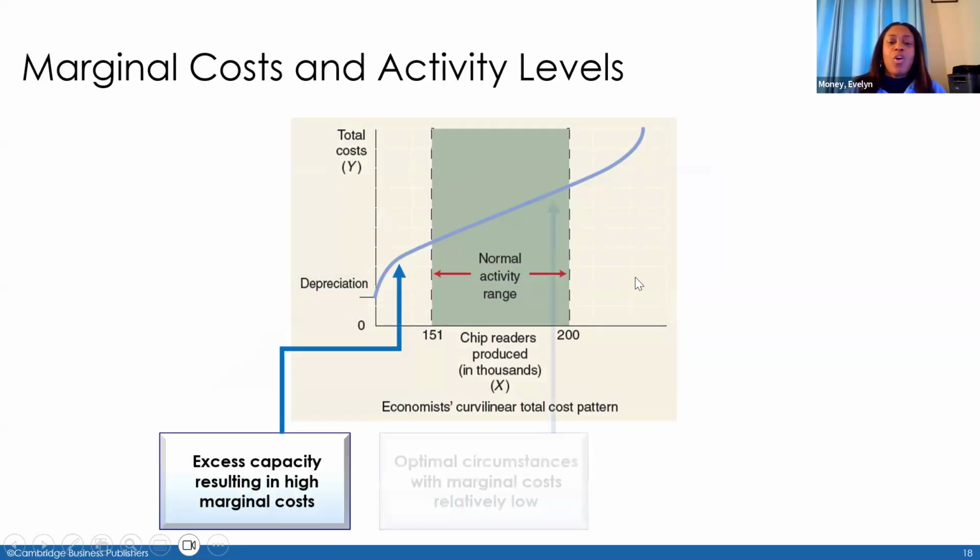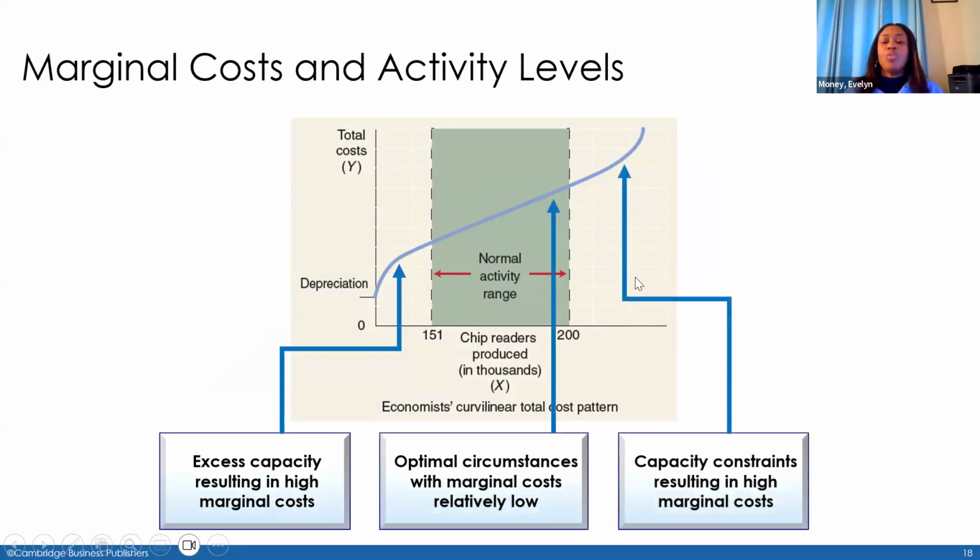So when we see this on this slide here, the marginal cost will increase when I am outside of my normal activity range. So when I am close to capacity, my marginal cost or the cost of producing one more unit may require me to purchase a new piece of equipment, or it may require me to expand my facilities.